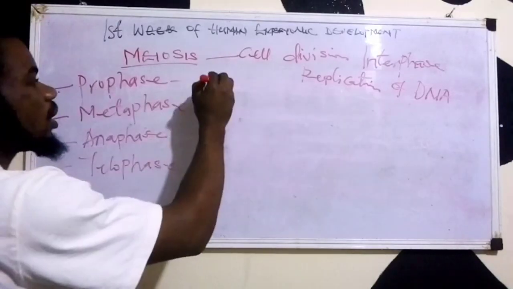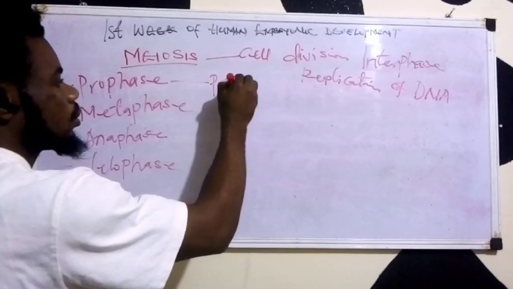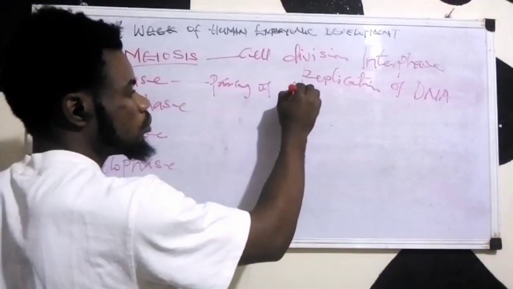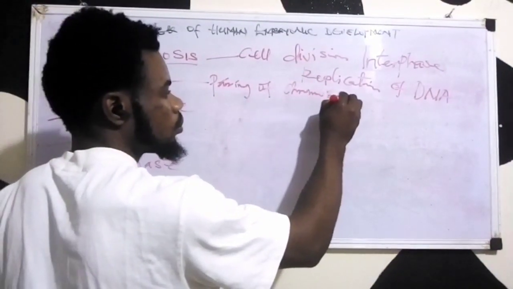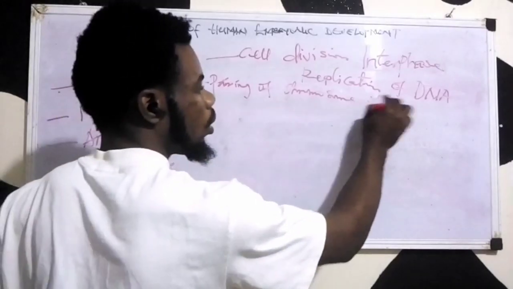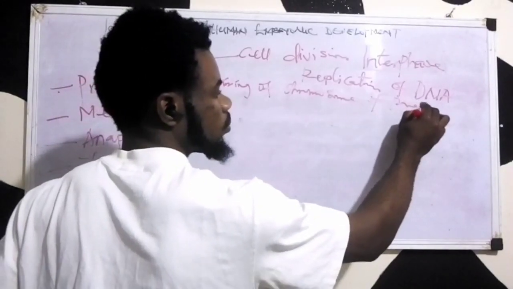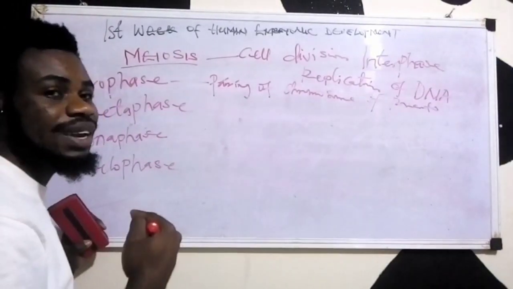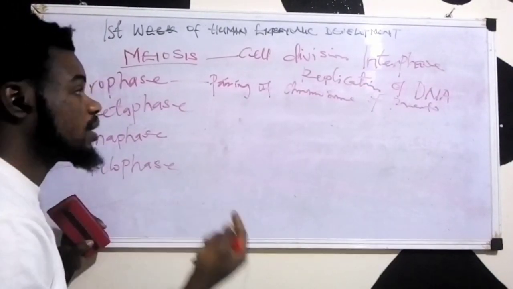Now, prophase is actually the pairing of the chromosomes of the parent. The chromosome coming from the paternal side and the chromosome coming from the maternal side.